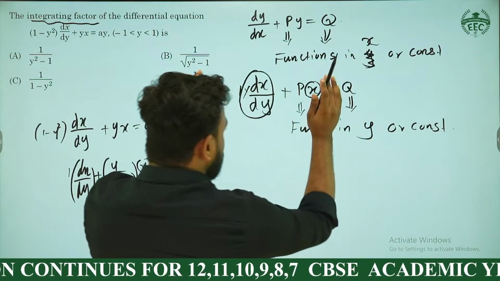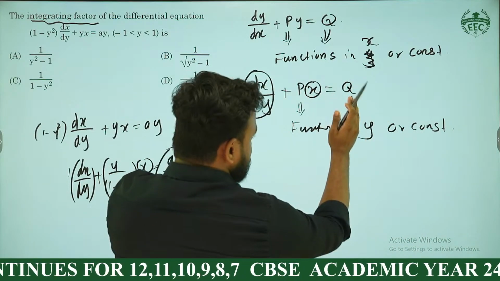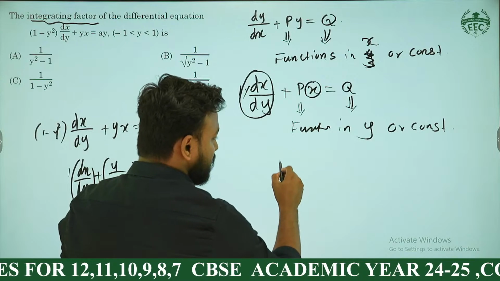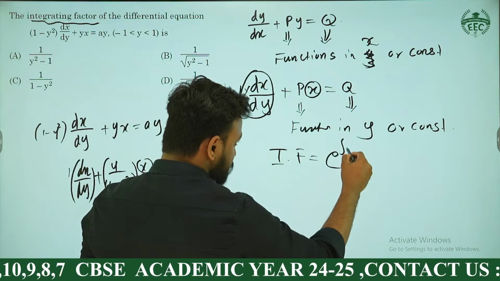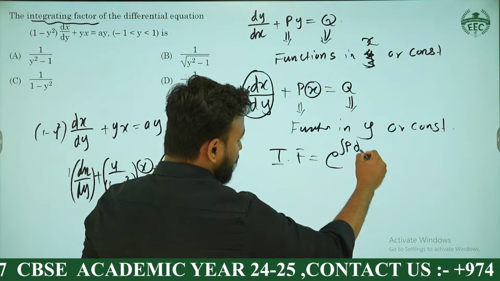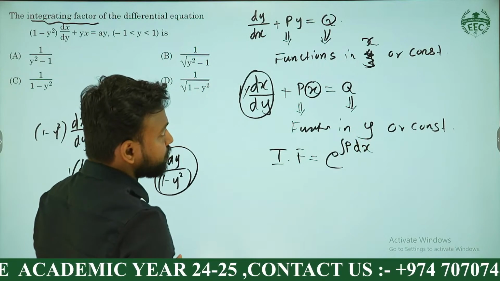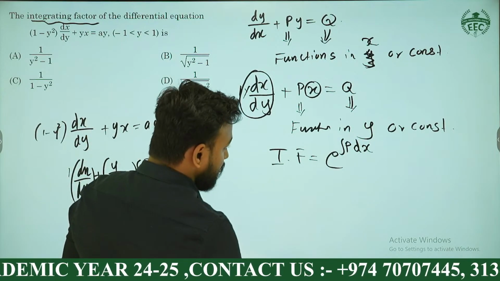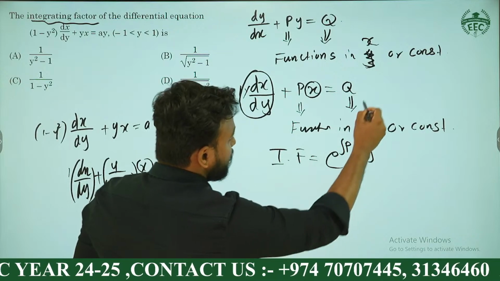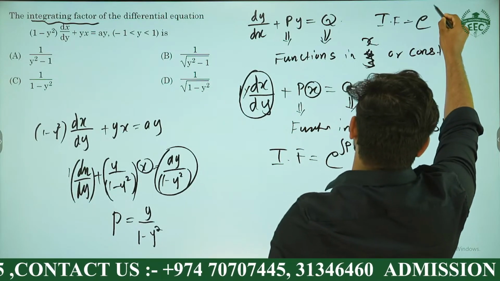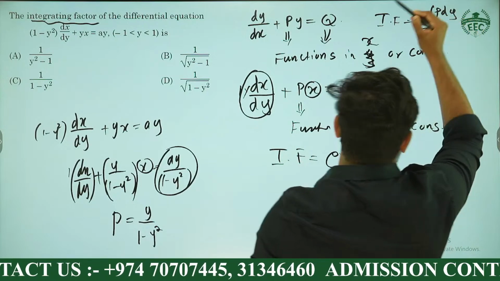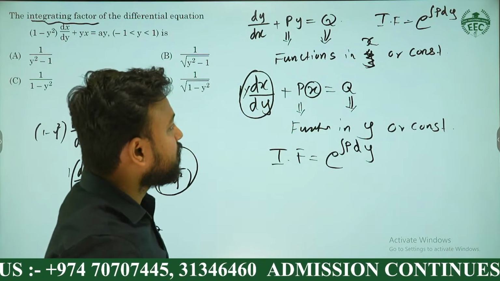If you get a linear differential equation like this, there is a thing called the integrating factor, that is e raised to integral P dx for the first type, sorry, P dy for this one.